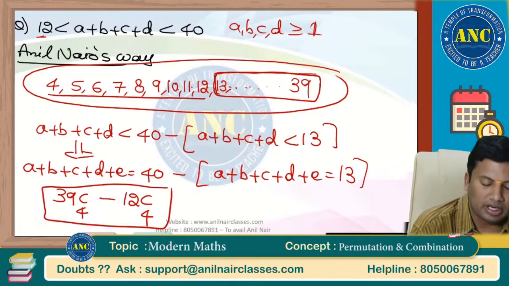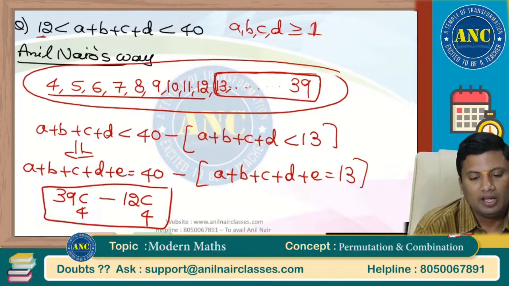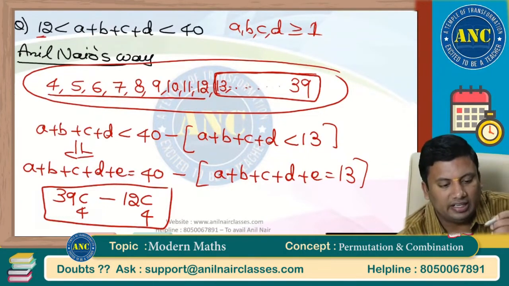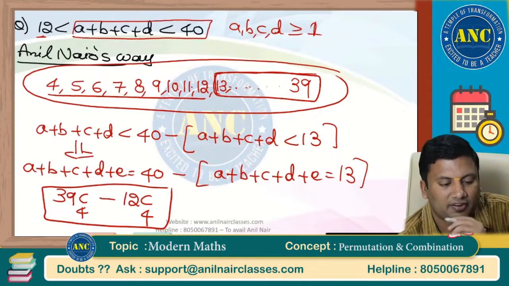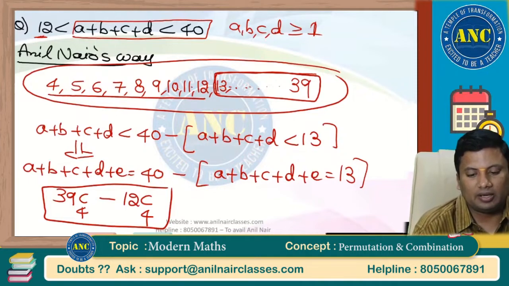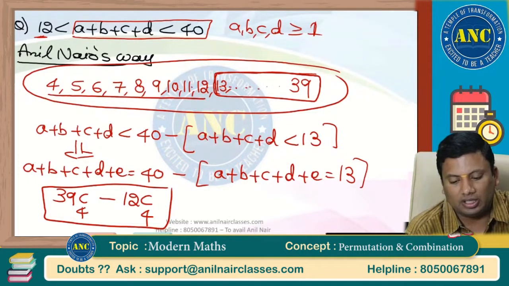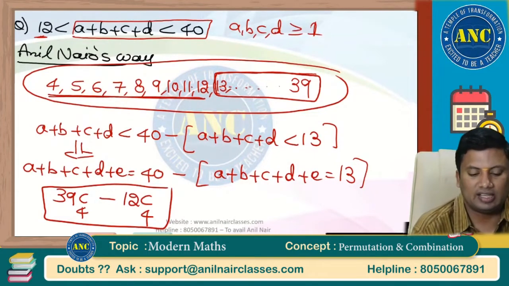We will also keep less than or equivalent to, we will go step by step. First what I did? First I did it for this equation, A plus B plus C plus D less than 40. Then I applied the lower limit. So total minus remaining. I want from 13 to 39. Total minus all the values less than 12.